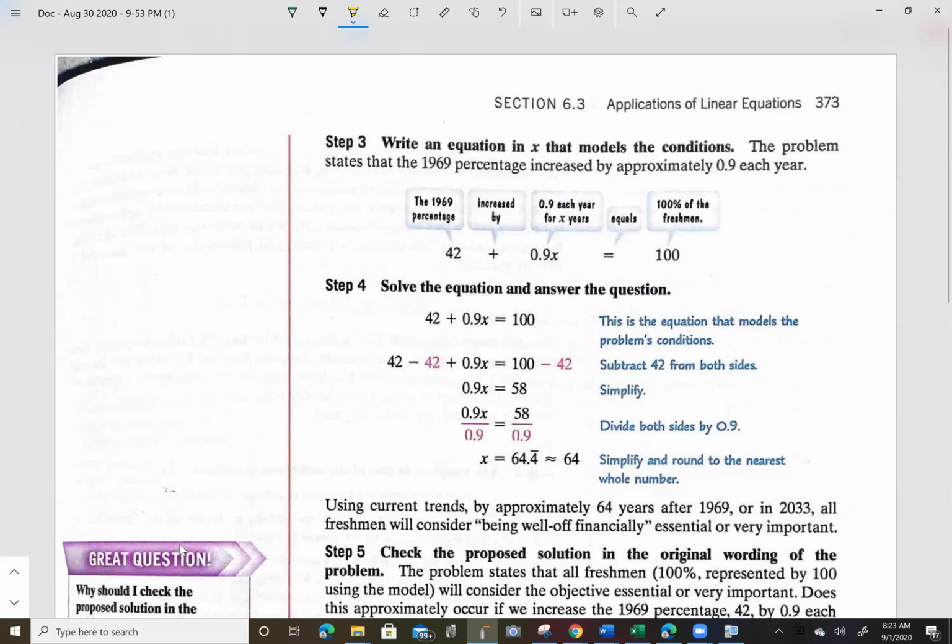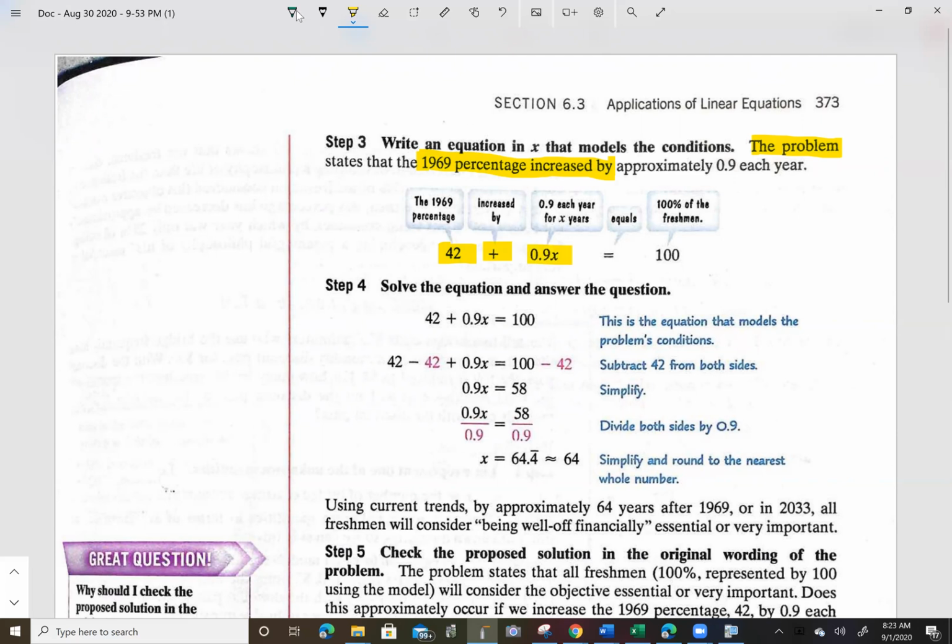Write an equation that models the condition. So here they have, I love this book. The problem states that the 1969 percentage increased by approximately 0.9 each year. Okay, so here's the 1969 percentage, right? And we're adding 0.9 of an increase each year.